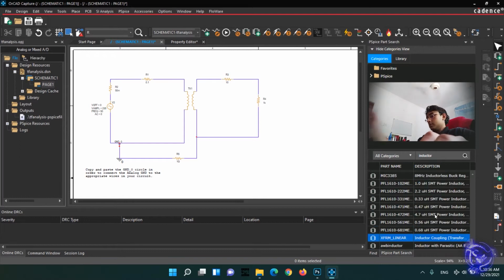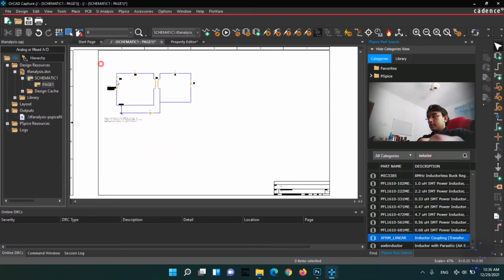There are more inbuilt modules in PSPICE. Let's move it here.